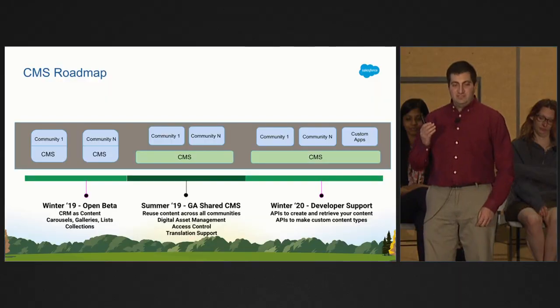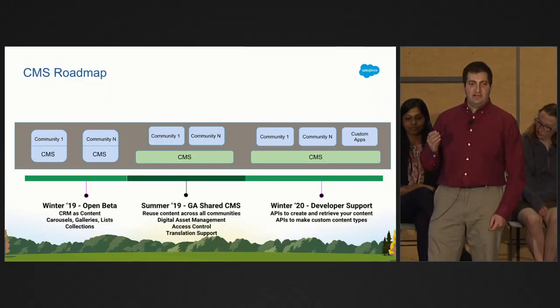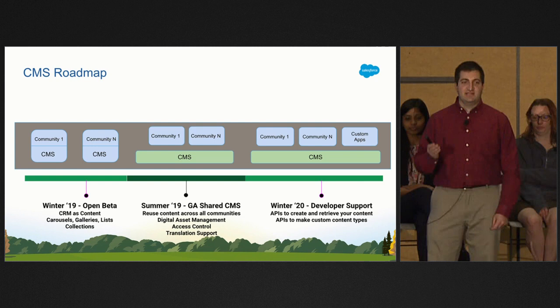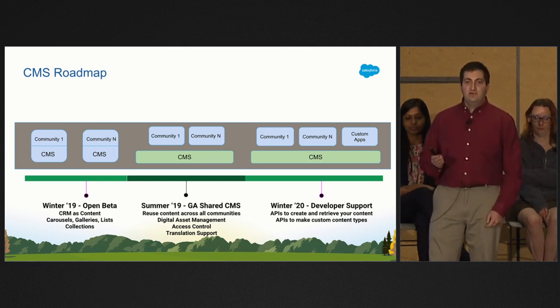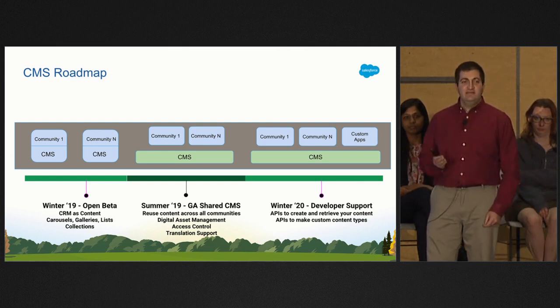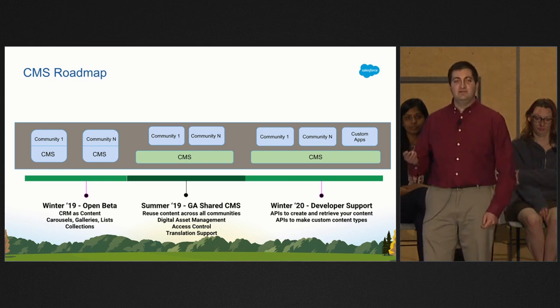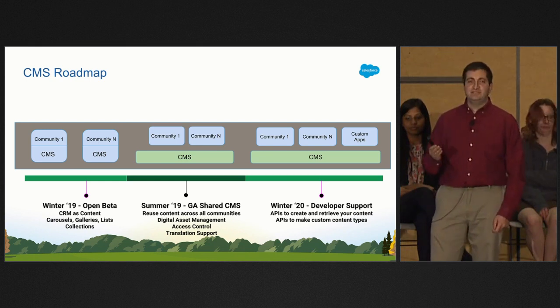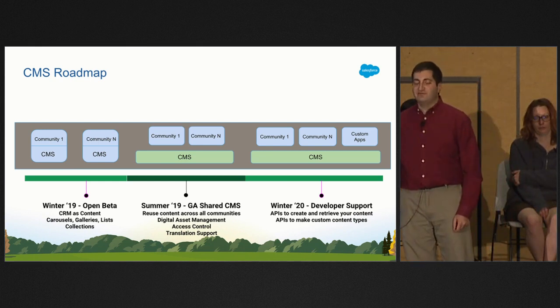I'd like to talk to you about our roadmap for CMS a bit. Again, everything you've seen so far is available as of Winter 19. Right now, it's in the community management console how you access your CMS, which means that the CMS is tied to the community. One of our priorities to go GA is to pull it out of communities so we have a global space for managing your content and then local spaces for each community.